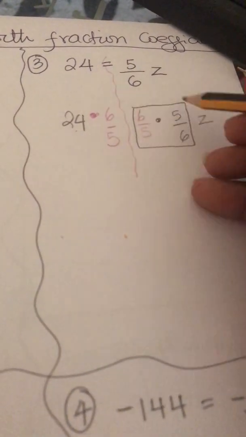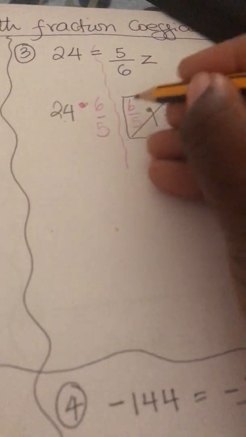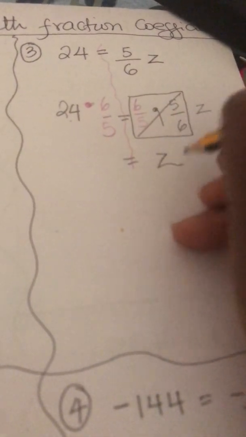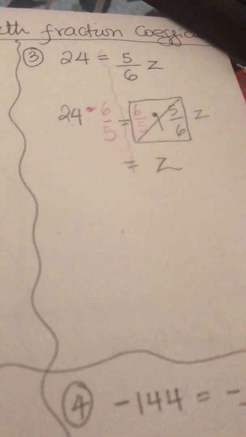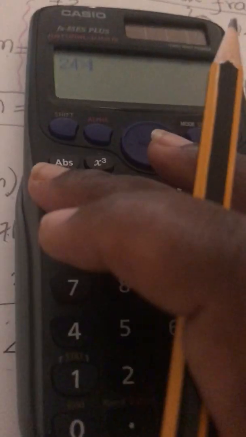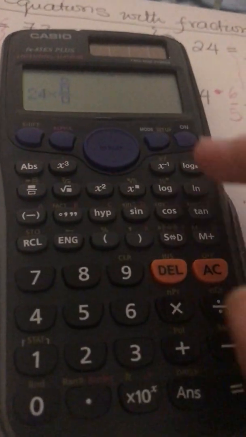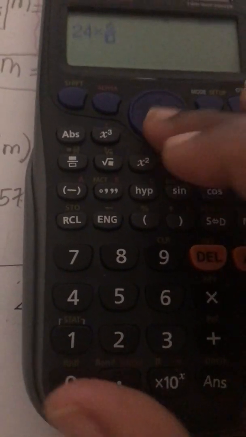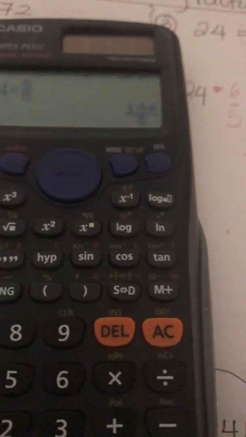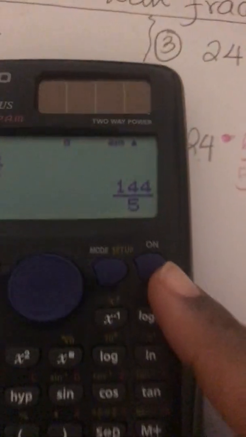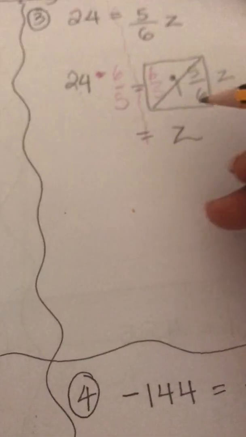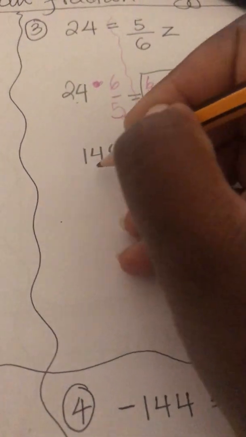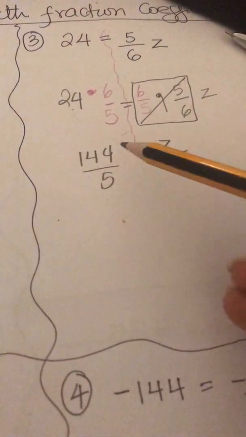This becomes 1, so I cross it out, and then I get z, and then I do this, 24 multiplied by 6/5, so 24 multiplied by 6 out of 5 is equal to 144/5. Okay, you can leave your answer like this.